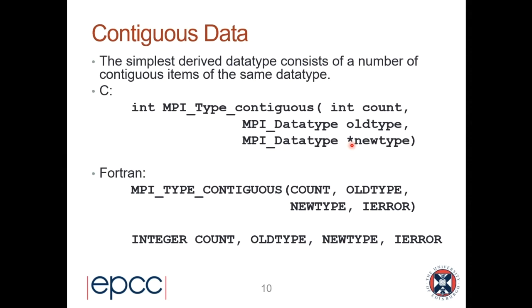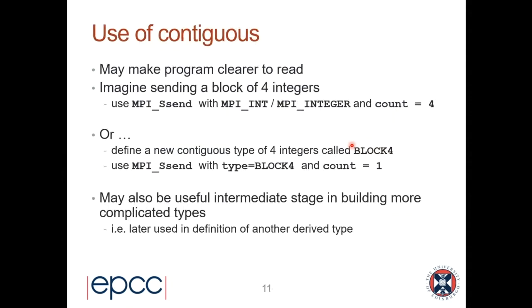And so when I want to send 4 integers, I can do MPI send 4 integer or MPI send 1 block 4. I could use MPI send with MPI integer and count equals 4, or I could define a new contiguous type of 4 integers called block 4 and use MPI send with type equals block 4 and count equals 1.